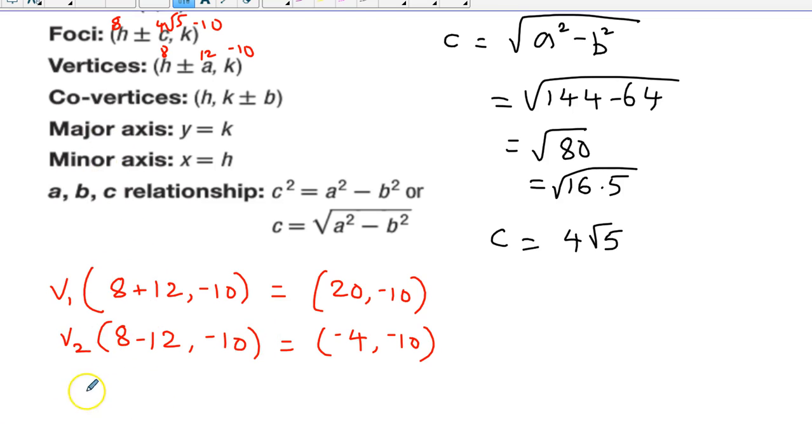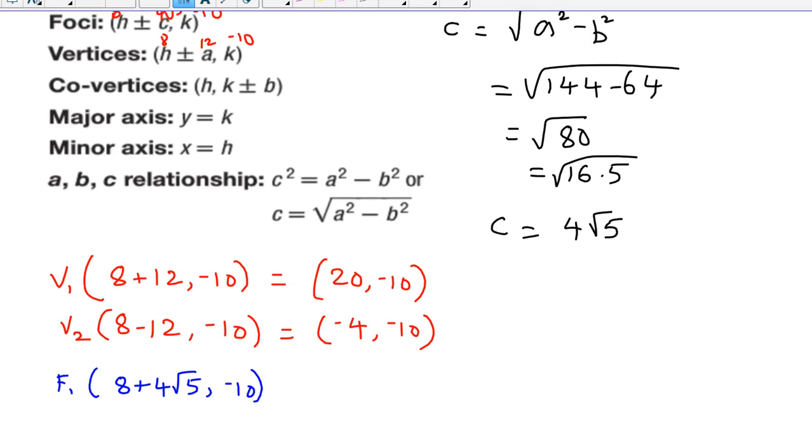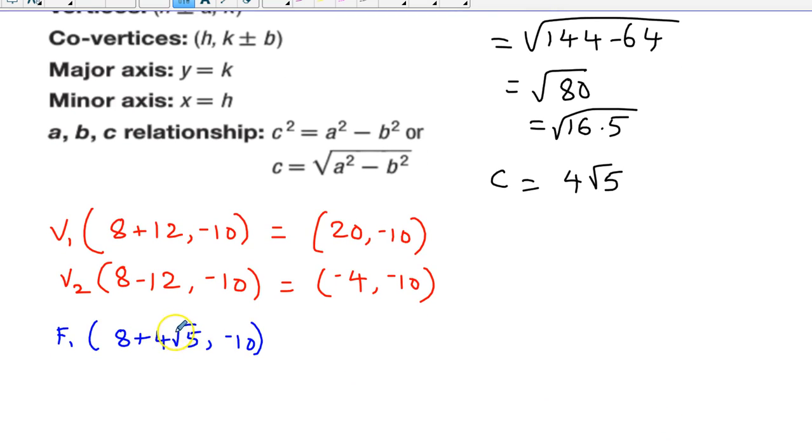And to get the foci, the first one, F1, is 8 plus 4 root 5, comma k is negative 10. It is just the same, because 8 plus 4 root 5, rational and irrational we don't add together unless you want to approximate its value.